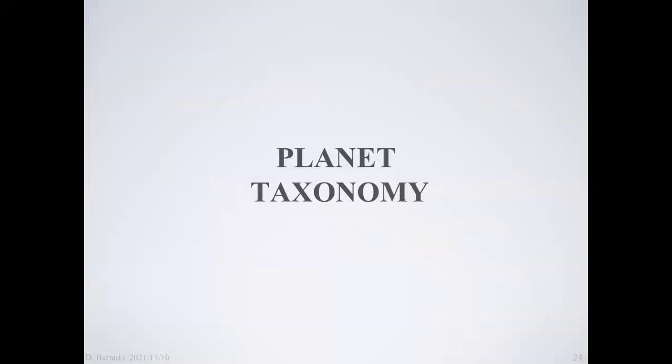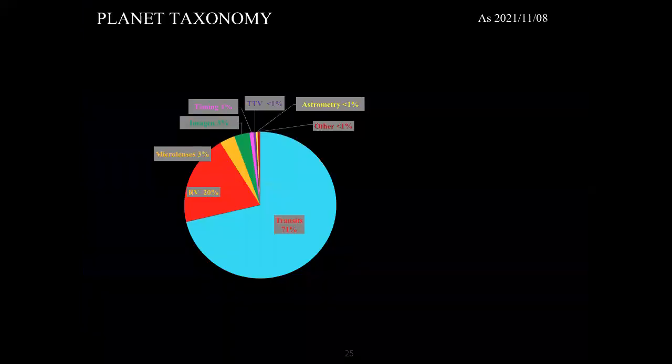So, sorry. What we have found beyond the limits of the solar system, some taxonomy, using the techniques that I have described and other things that we have. We have found several thousand planets, and now we see that the crop from the transit technique has actually been the largest.